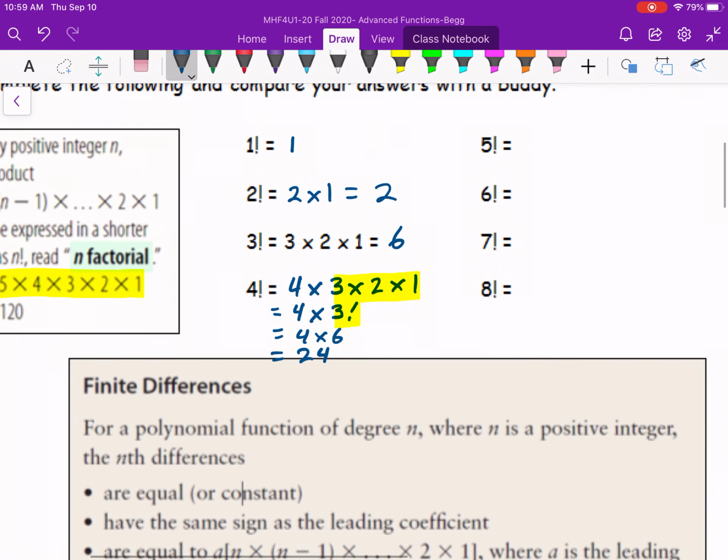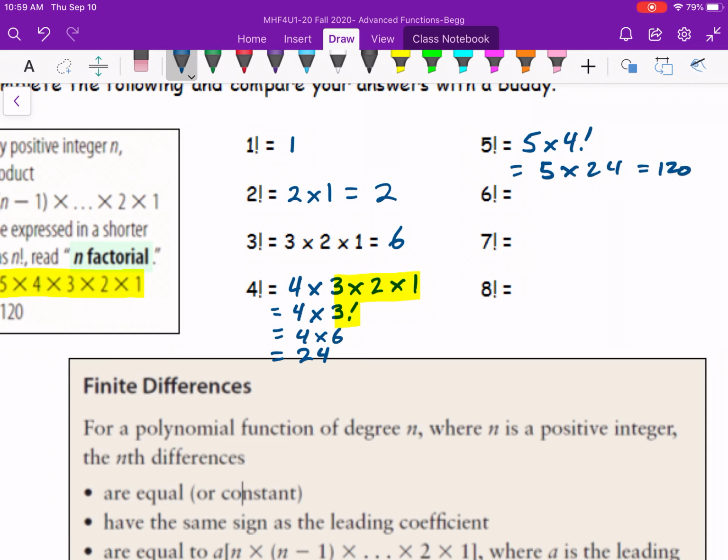I'm not saying that we have to do it that way, but there is a connection. It becomes easier to know that if I want to do 5 factorial, I don't actually have to do 5 times 4 times 3 times 2 times 1, since I already know that 4 factorial equals 24. Maybe I'll write it as 4 factorial first, though. Then I know that 5 times 24 equals 120.